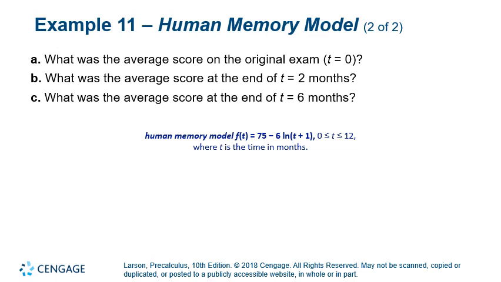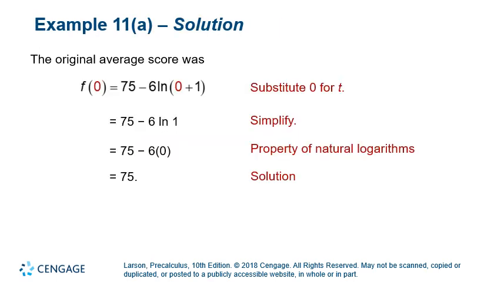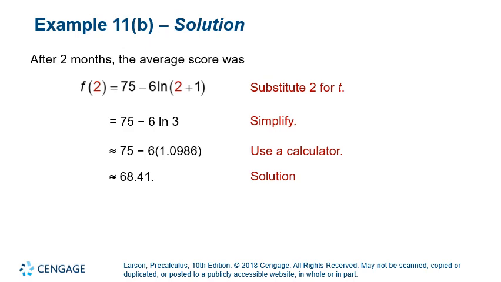How about after 2 months or 6 months? And so what they're going to do is they're going to evaluate at those times. Evaluate at 0, you're going to get the 75. When you evaluate after 2 months, they're scoring lower than 75 because they forgot some stuff over time. And after 6 months, even lower because it's been 6 months.